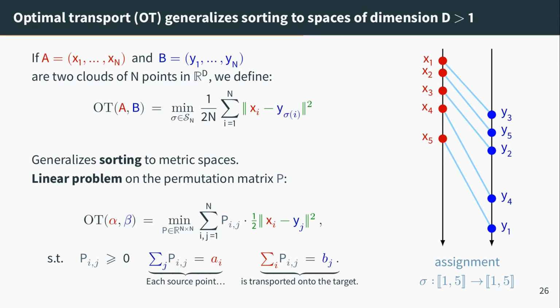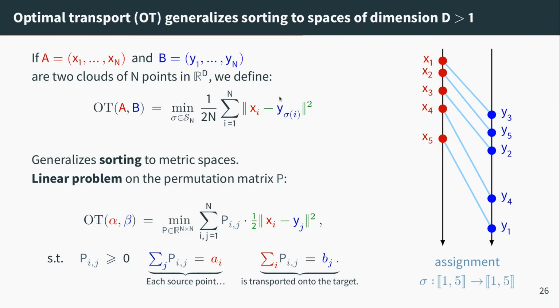Well, let's consider two point clouds, A, x1 to xn, and B, y1 to yn, so two discrete samples of n points in R^D. We define the optimal transport distance, called the Wasserstein-2 squared distance between A and B, as the squared Euclidean norm, the average value of xi minus yi up to permutations.